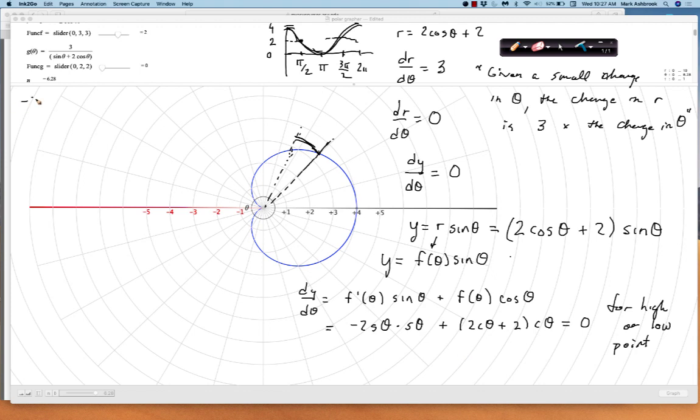So here we go, ready? Fast. Negative 2 sine squared theta plus 2 cosine squared theta plus 2 cosine theta equals 0. So it's going to be very helpful if we can get everything in terms of either sine or cosine. Since I have a cosine squared and a cosine to the first, I'm going to change the sine squared into cosines. So we can use the Pythagorean identity. Sine squared equals 1 minus cosine squared.